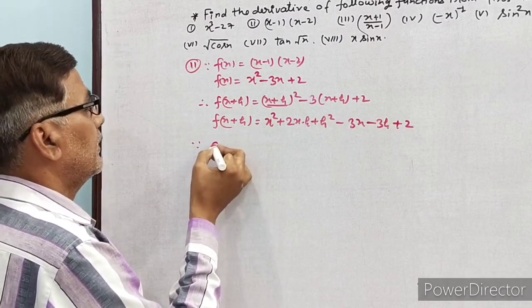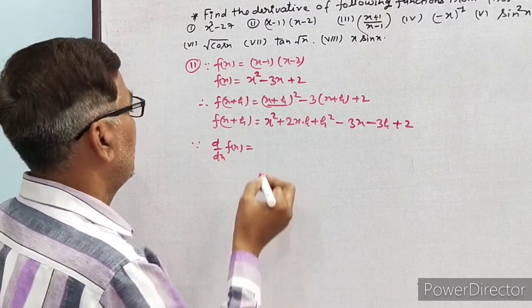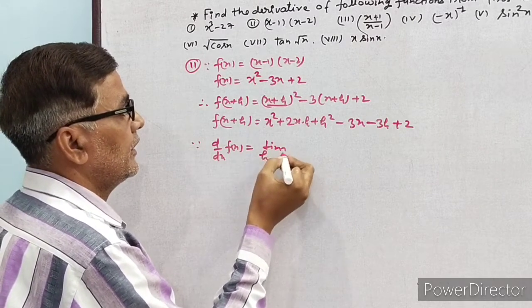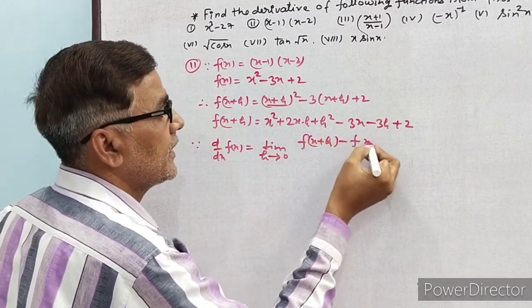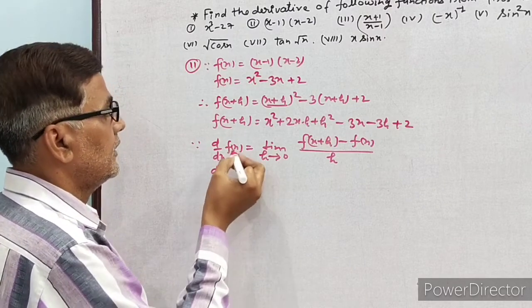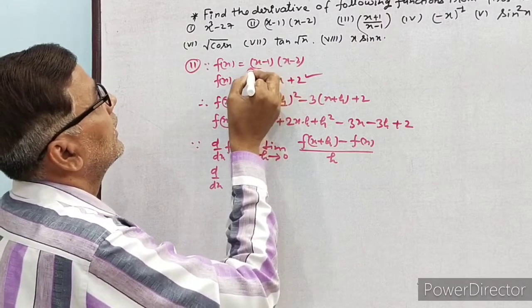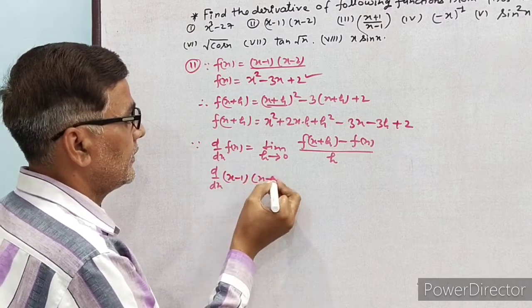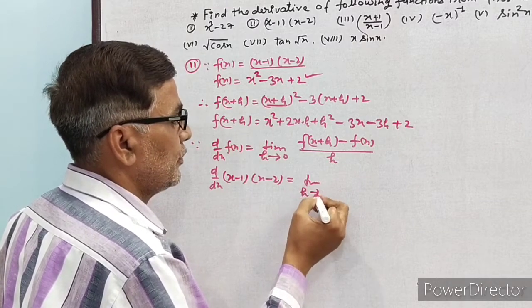Now we can write the relation used to find the derivative from the first principle, that is d/dx f(x) is equal to limit h approaches to 0, f of (x plus h) minus f of x divided by h. f of x is here x square minus 3x plus 2, that is the initially given function (x minus 1) into (x minus 2). So it is equal to limit h approaches to 0.